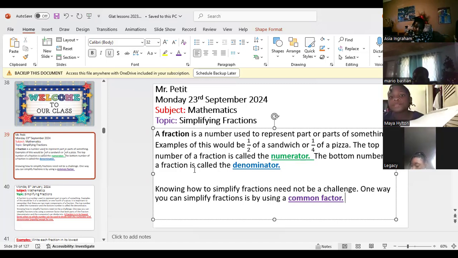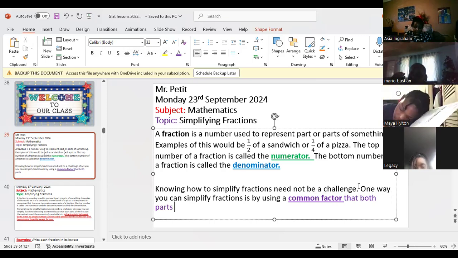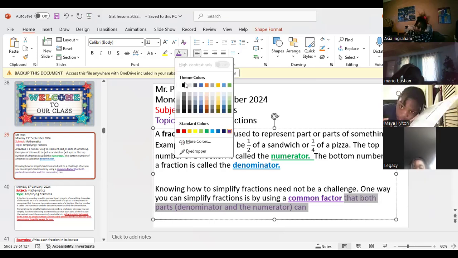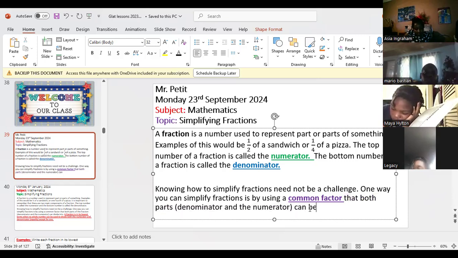So you have to select a common factor that both parts of the fraction, and by that we mean the denominator and the numerator, can be divided by evenly.